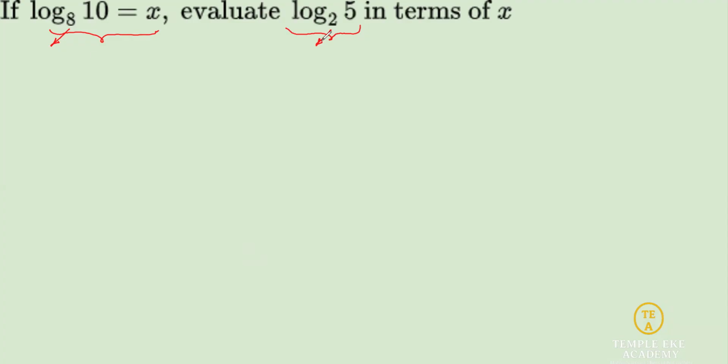Let's start straight off with the log to base 2 of 5 that we're expected to find. Very quickly, let us change this base into base 8 given in the problem. Remember the law. To change the base of logarithm from log base A of an argument B into base x, we may write logarithm to base x divided by another logarithm to base x, and then the orientation of the argument and the base determine their positioning.